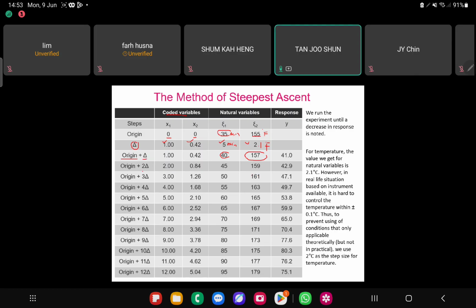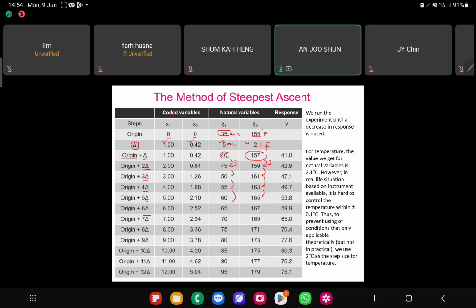So this is one step. So you keep on doing 2, 3, 4, 5, 6. You just plus 5 here, and here will be plus 2. Okay, keep on plus like this. So you will do your experiments step by step.